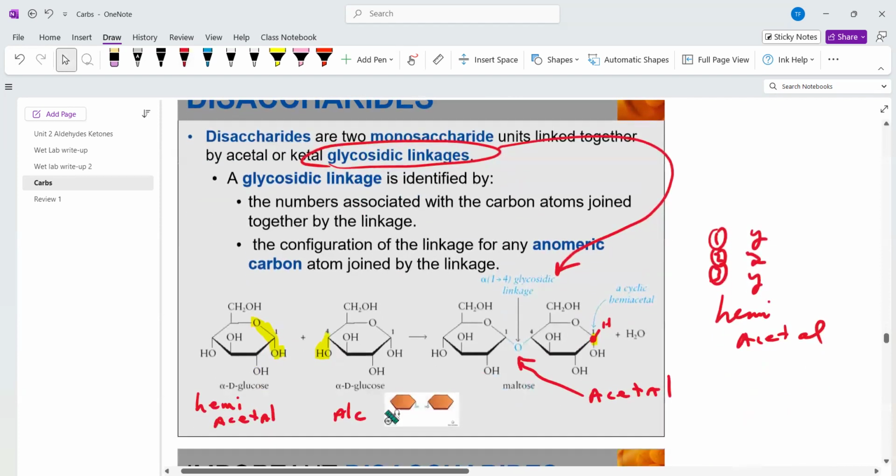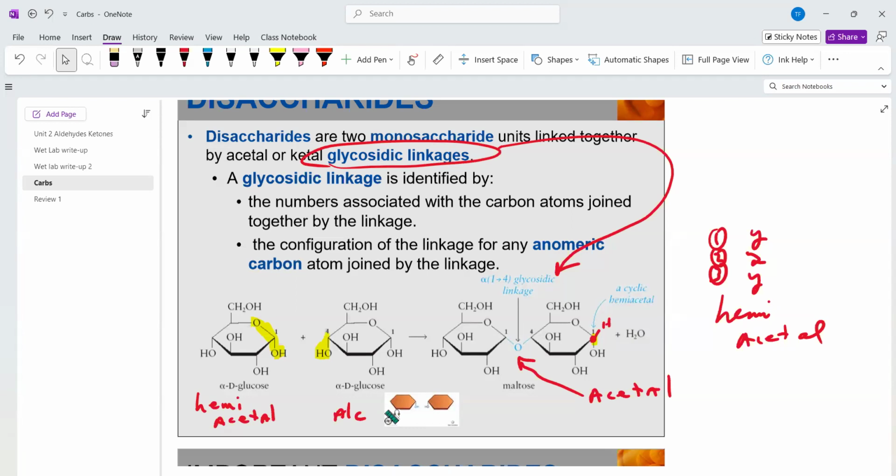Okay, excuse me. So let's talk about now when we hook up 2 monosaccharides together. When we hook up 2 monosaccharides together, we get a disaccharide. And the important part on disaccharides is what are the sugars, the monosaccharides involved, and what's its linkage?